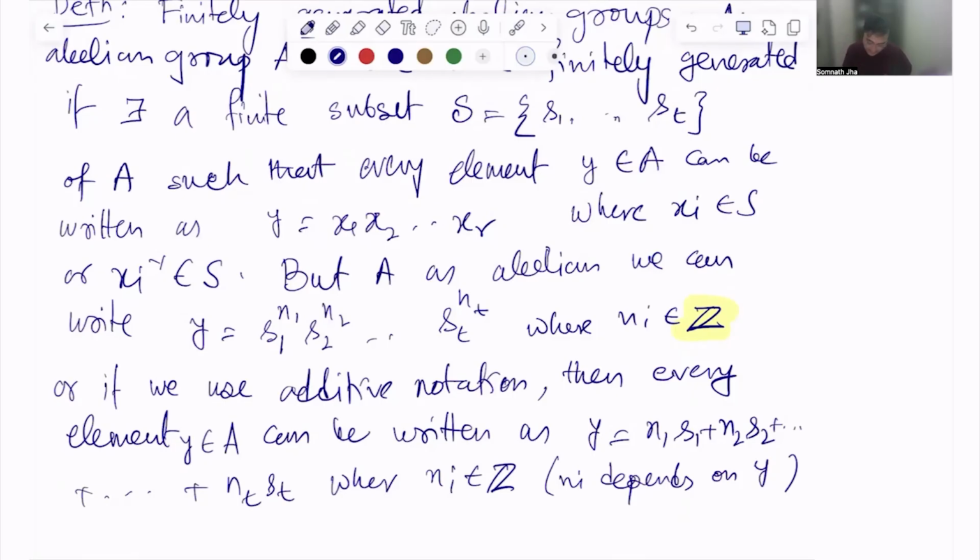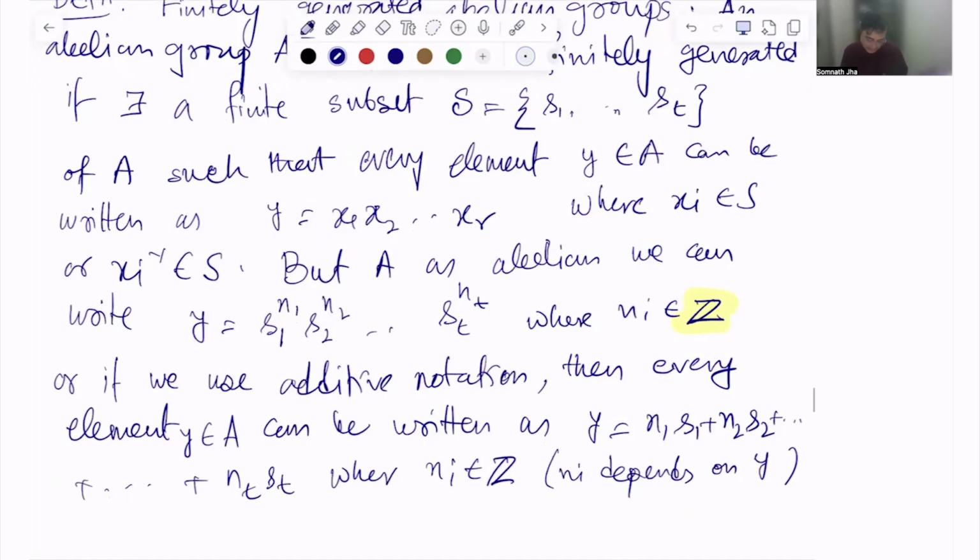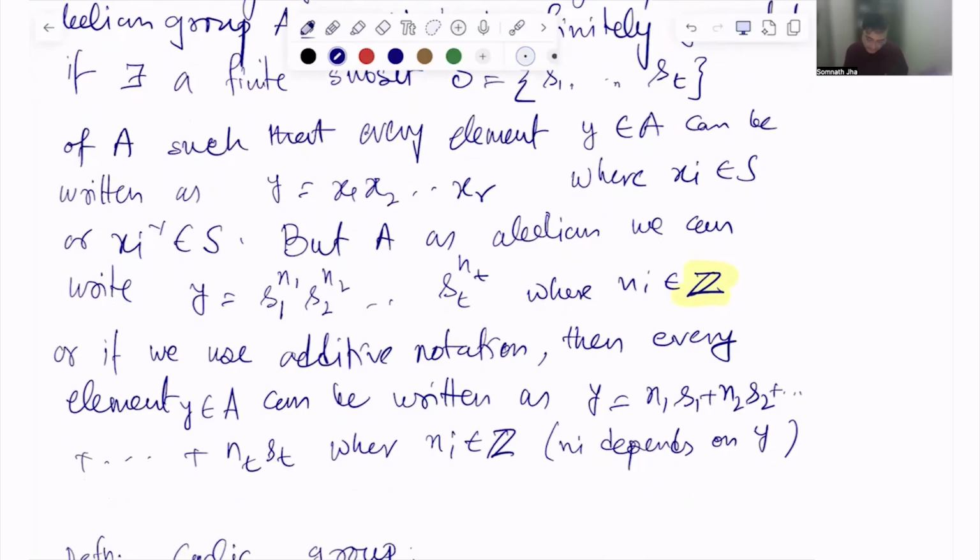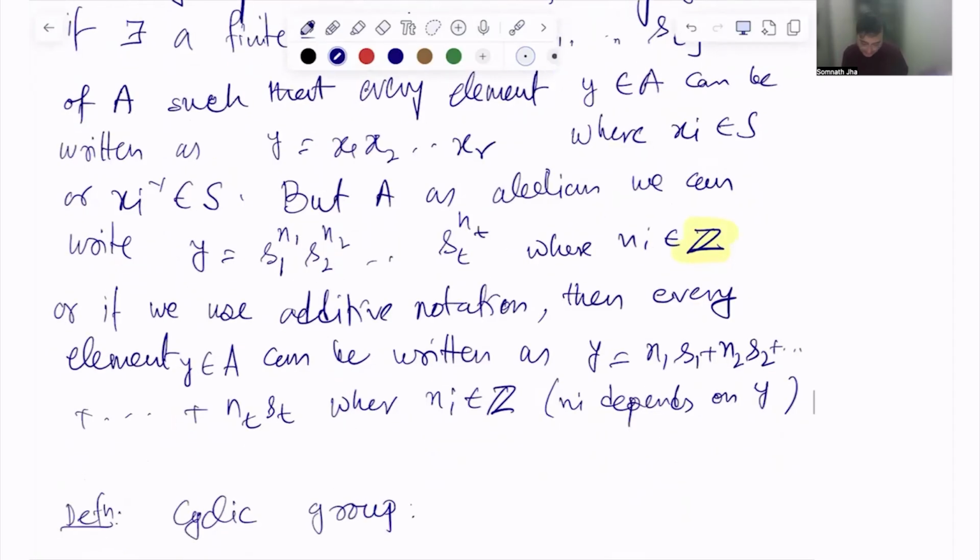So this is important for us. Every element can be written as a linear combination over Z of fixed elements s1, s2, st, or multiplicatively s1 to the power n1, s2 to the power n2, st to the power nt, and these ni's are in Z. This is the definition of a finitely generated abelian group.